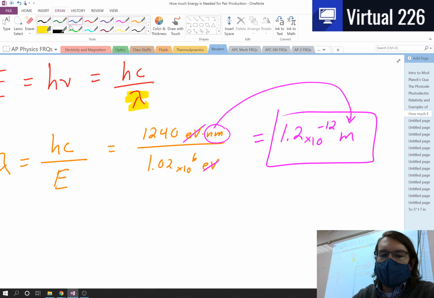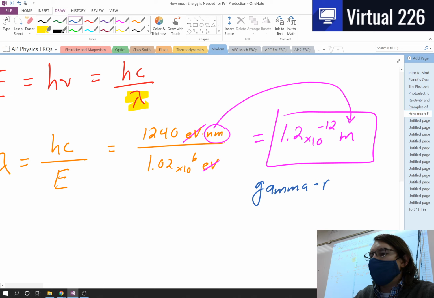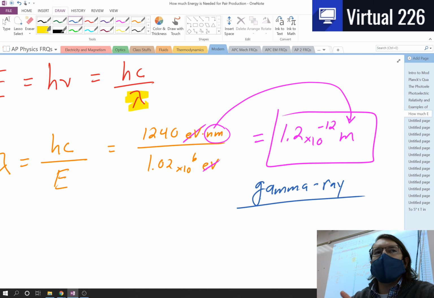And this corresponds to one of my favorite bands, Gamma Ray. We need gamma rays in order to have pair production.